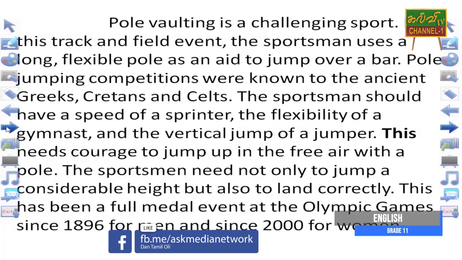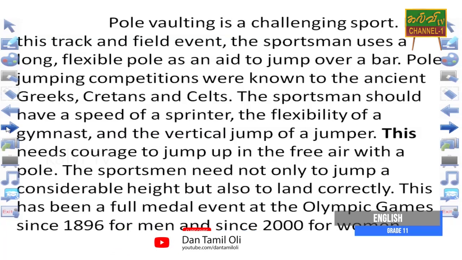Pole vaulting is a challenging sport. In this track and field event, the sportsmen use a long flexible pole as an aid to jump over a bar. Pole jumping competitions were known to the ancient Greeks, Cretans, and Celts. The sportsman should have the speed of a sprinter, the flexibility of a gymnast, and the vertical jump of a jumper.